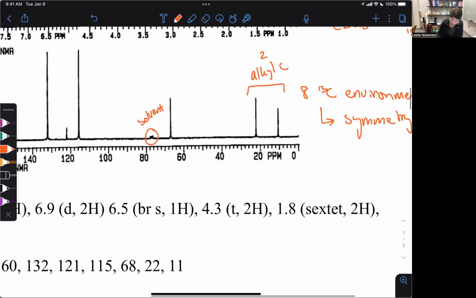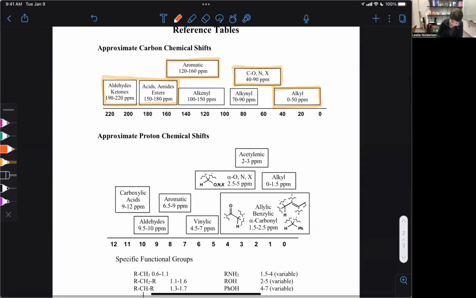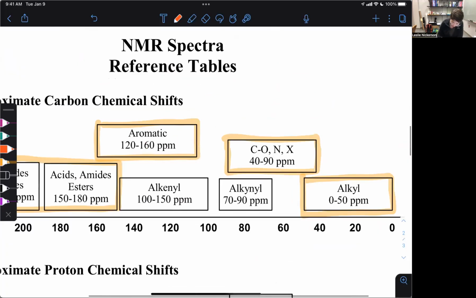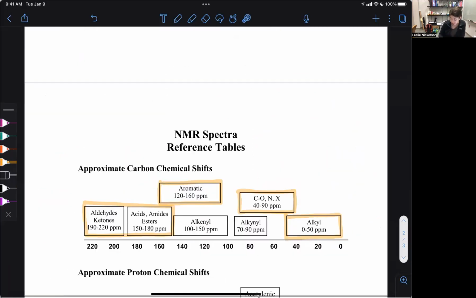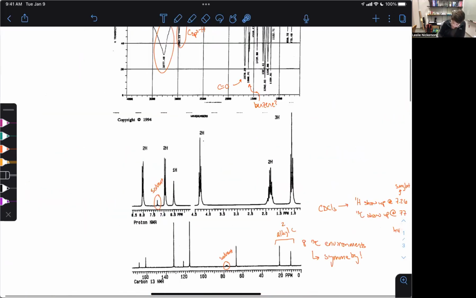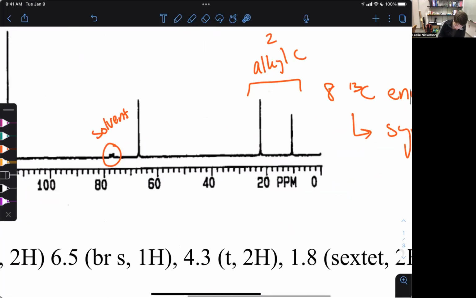We look at the next section, 40 to 90, and that's going to be a carbon connected to oxygen, nitrogen, or a halogen. So 40 to 90, we've got 1 right here.